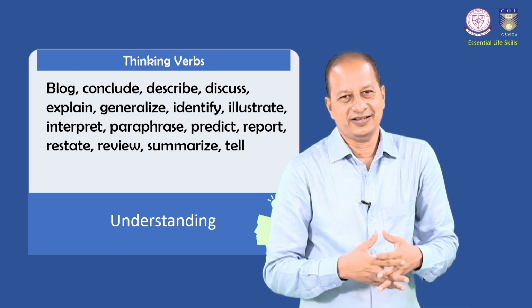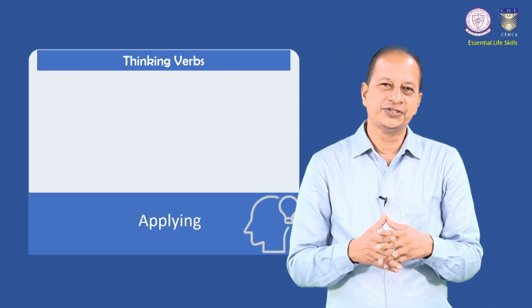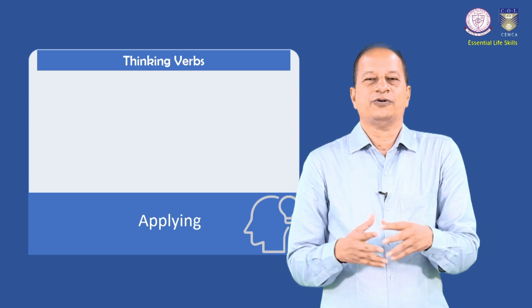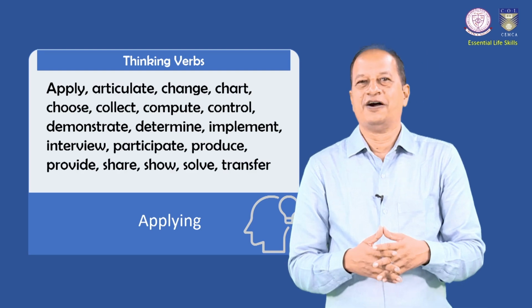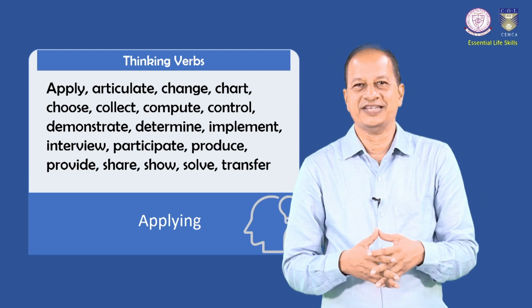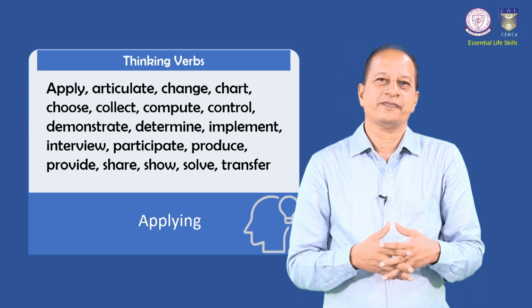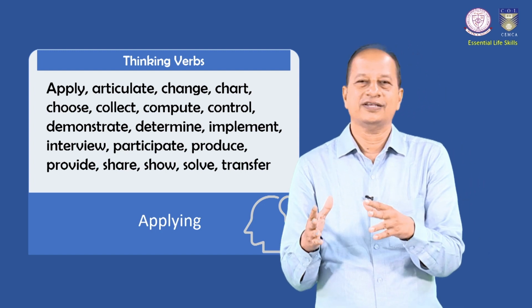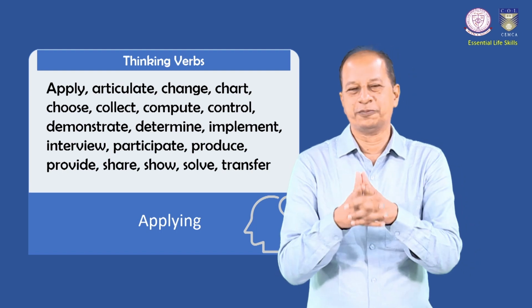The next type of thinking verbs are generally used to talk about applying skills. So applying skills will require verbs like apply, articulate, change, imitate, implement, download, produce, provide, even report, select, share. All these verbs are thinking verbs that we generally use when it comes to applying.